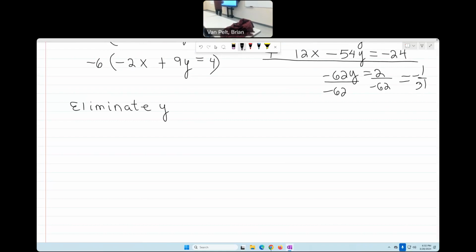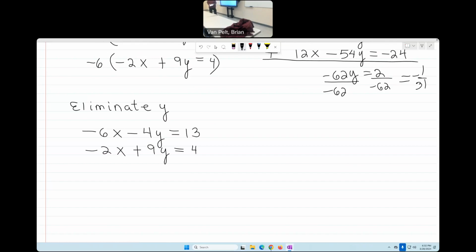I have negative 6x minus 4y equals 13. And negative 2x plus 9y equals 4.